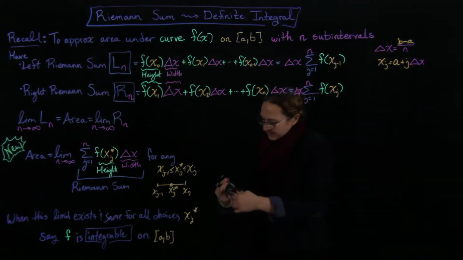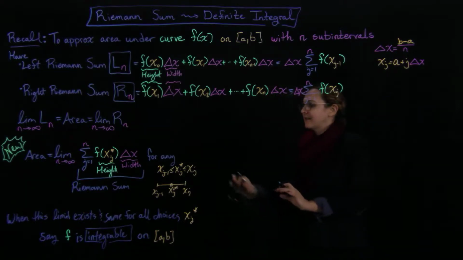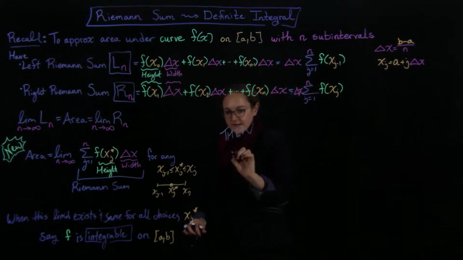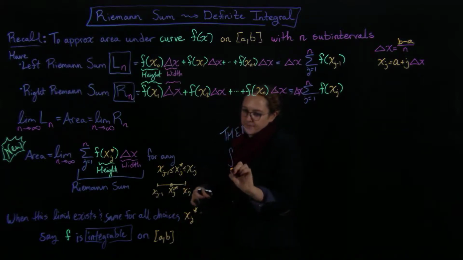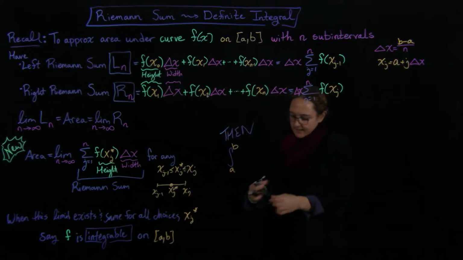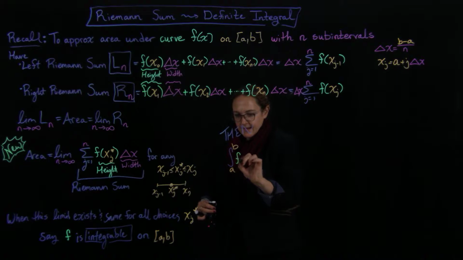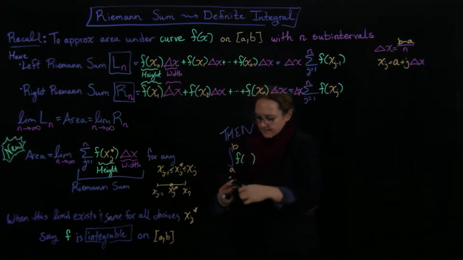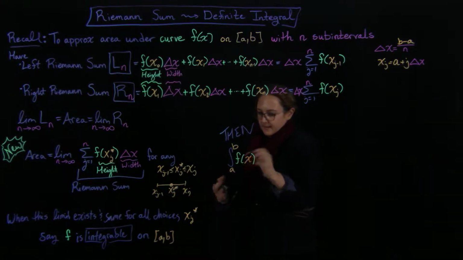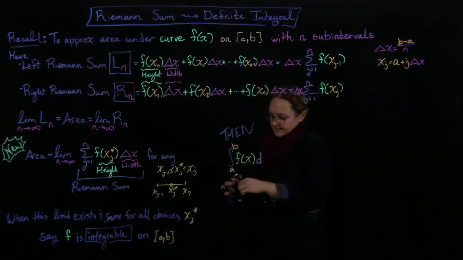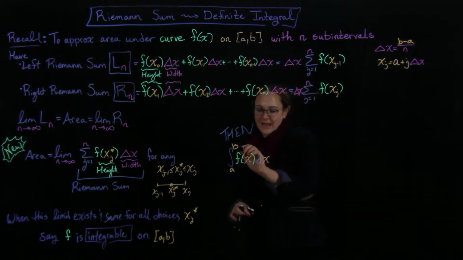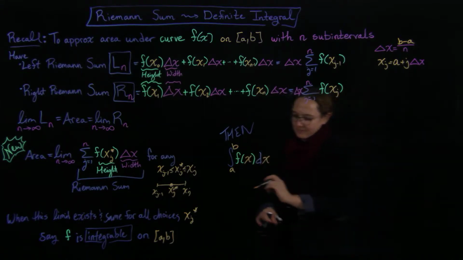And then we have notation. So when all this happens and it's integrable, then we can write this notation. We have the integral from, we start at the bottom, we go up to the top. So A is on the bottom, B is on the top. And then we have f of x and dx. You can see that this now has to match up, that x has to match up with this. These are x values also, so this is going to be important down the line.